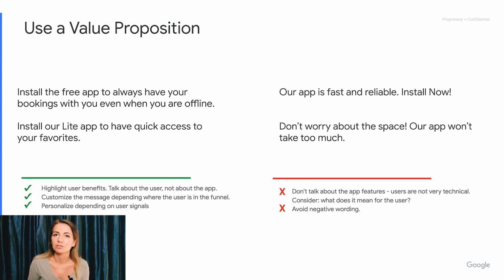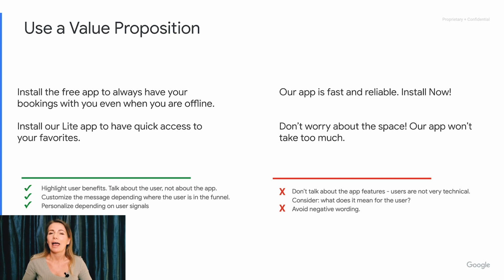With the value proposition, first of all, remember that you need to focus on the benefits to the user, but not the app features, okay? This is quite a basic sales principle. You need to speak about the user and what the better version of themselves they will become if they install the app. Also, remember, users are not very technical.